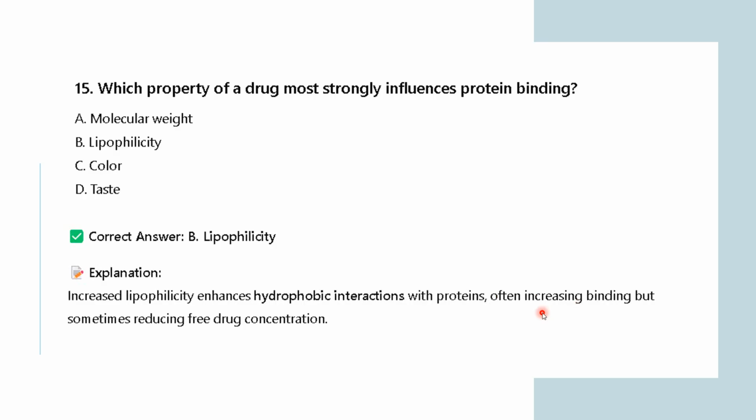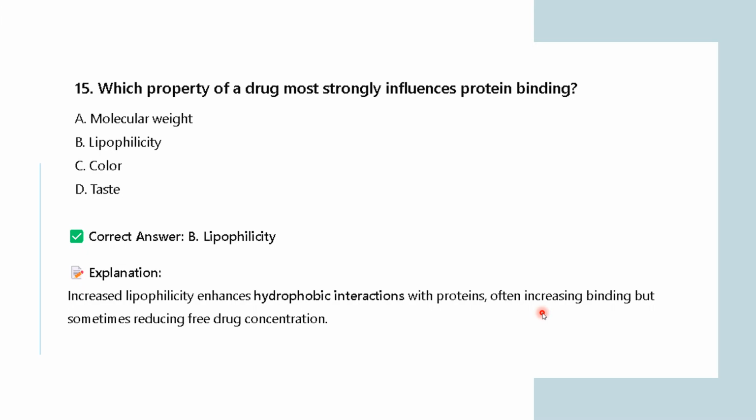See, proteins are basically amino acids, right? Your cell membrane has a protein layer, with the lipophilic area outward and the hydrophobic area inward, like in micelles. So this is how protein binding happens.